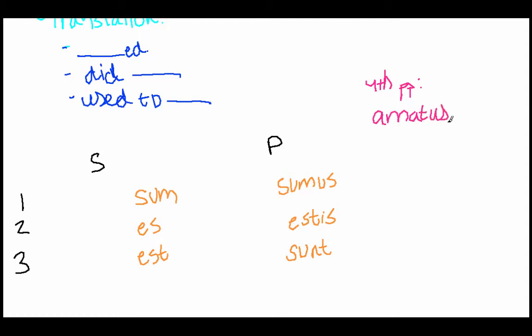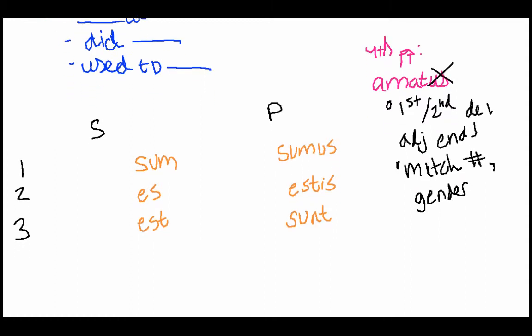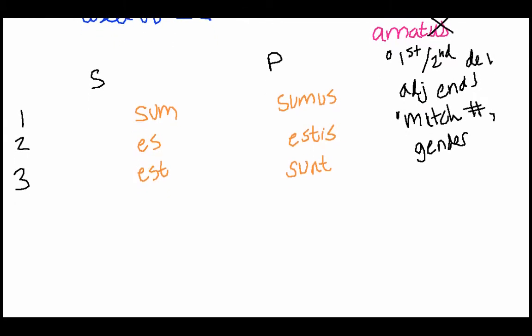And basically what you have to do is you have to cross off the us ending, and you have to use first and second declension adjective endings to match the number and the gender of your subject. So basically, your ending can be one of 6 endings, and it can be here. Let me make a new list.